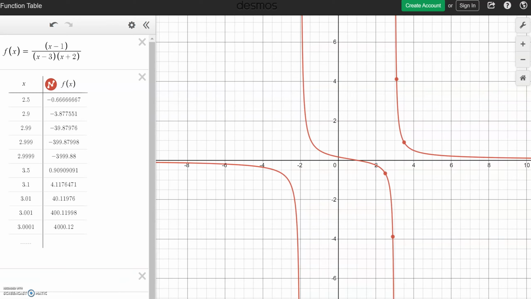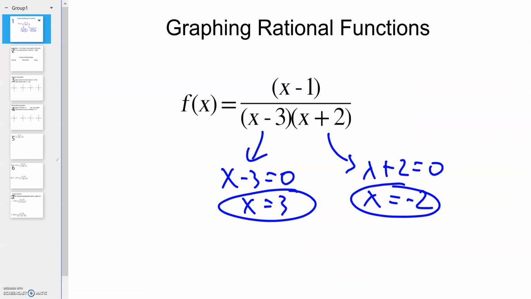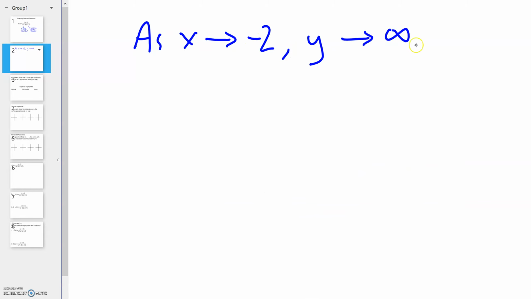So if you haven't already, I'd like you to sketch this graph out and maybe make some comment about the steepness. Another way that you could say this is that as x gets closer to -2, the y is getting closer to infinity or the y is getting closer to -infinity.